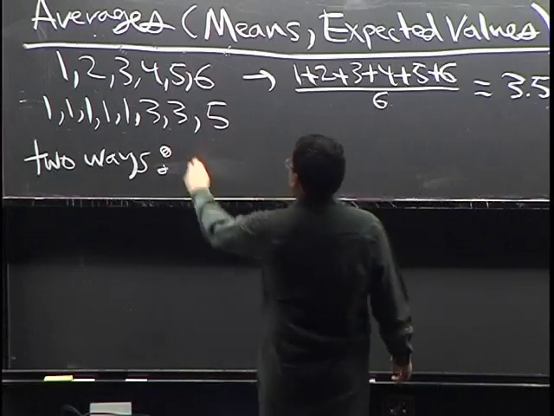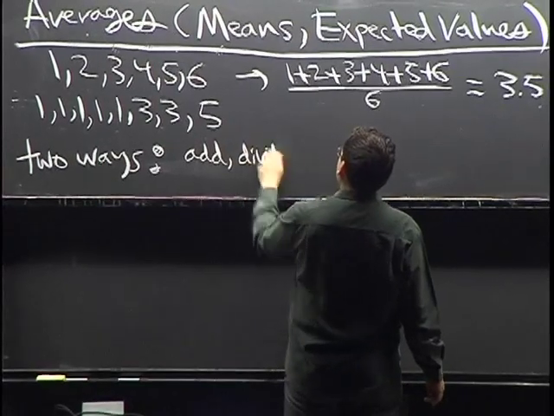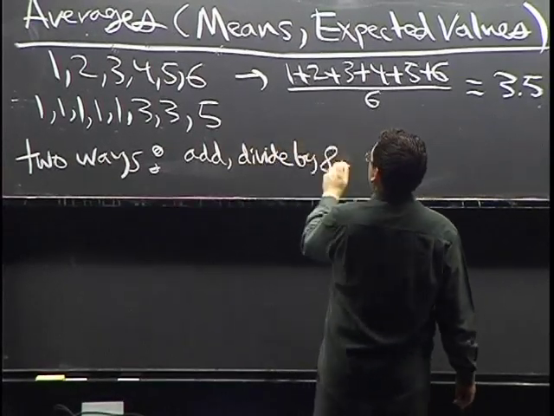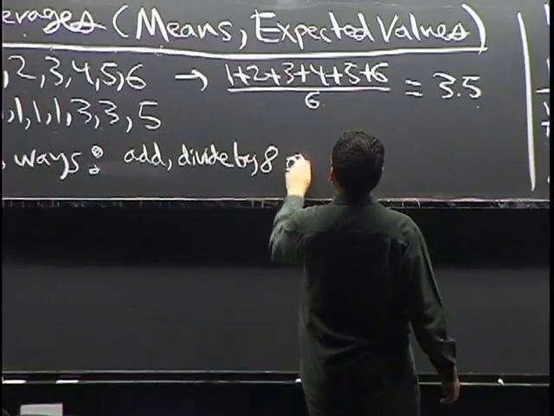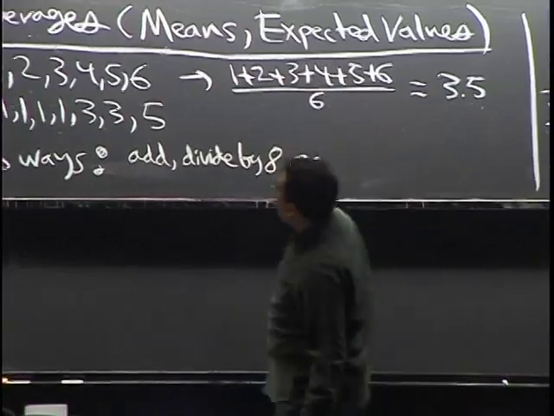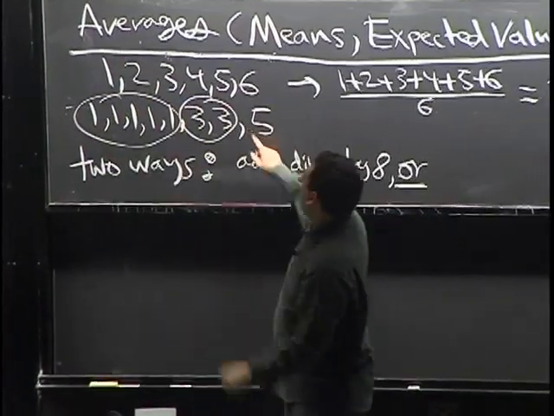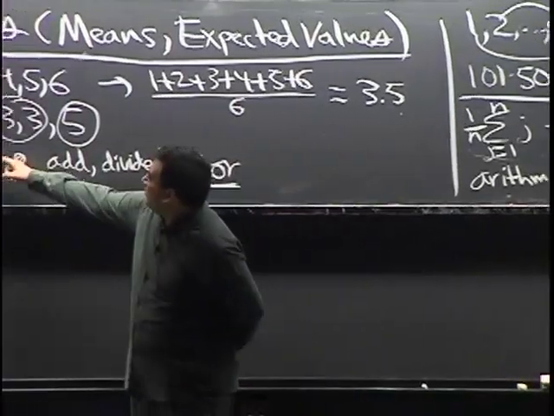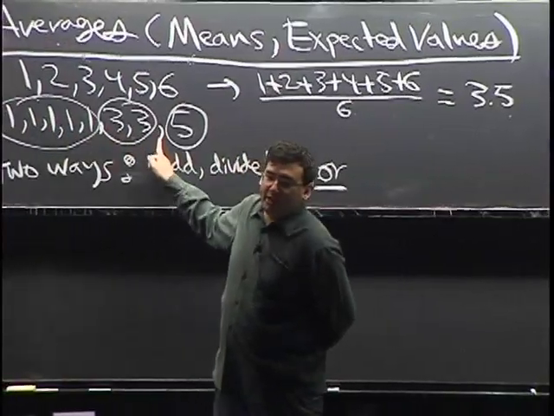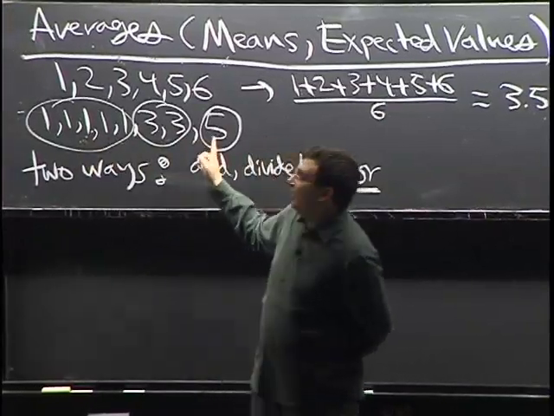But we could also do it a different way, which would be to group the 1s together, group the 3s together, and then the 5 is its own group. Then I could average these, but obviously I'm not going to give them equal weights. I'm going to give this higher weight because I have 5 times as many 1s as 5s.